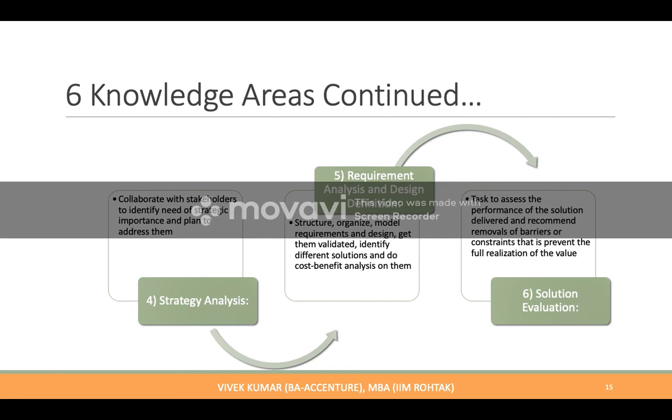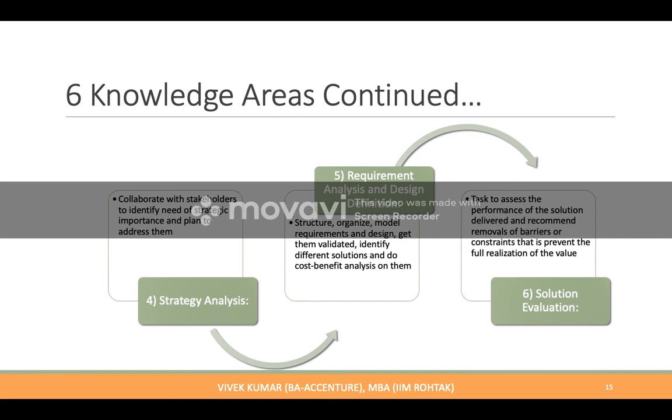It can be an increase in revenue, or better profitability, or an increase in the customer base, or maybe Amazon wants to launch a sale. So that could be the strategic goal. The strategic goal could be different. So that strategic goal a business analyst has to identify.